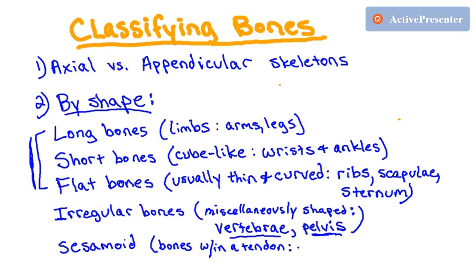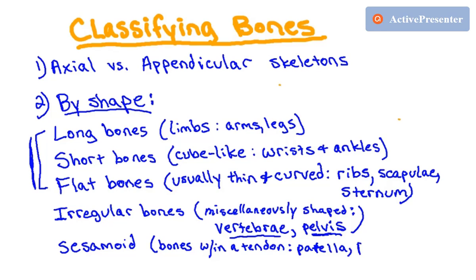A good example of this is your patella, your kneecap. Your kneecap sits within tendons from your femur, your upper thigh bone, and your tibia, your lower leg bone. There's tendons that go back and forth between those two major bones, and your patella sits in the middle of that, and that's your kneecap. So that would be classified as a sesamoid bone.